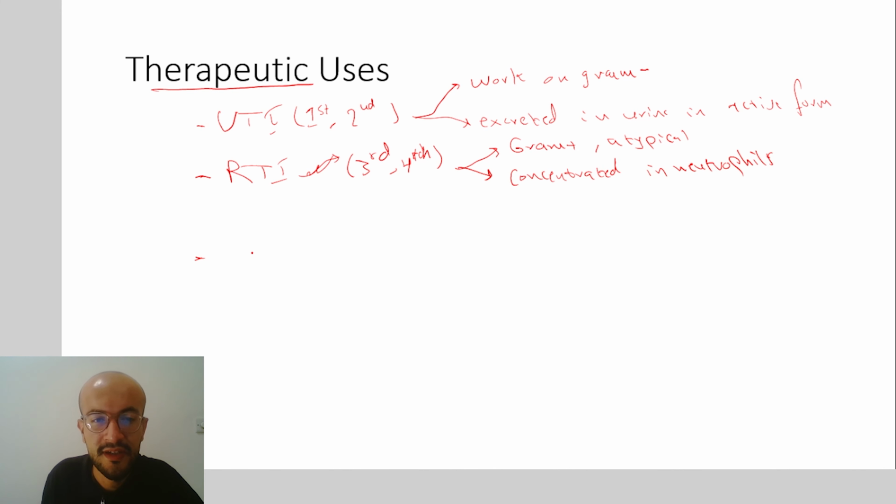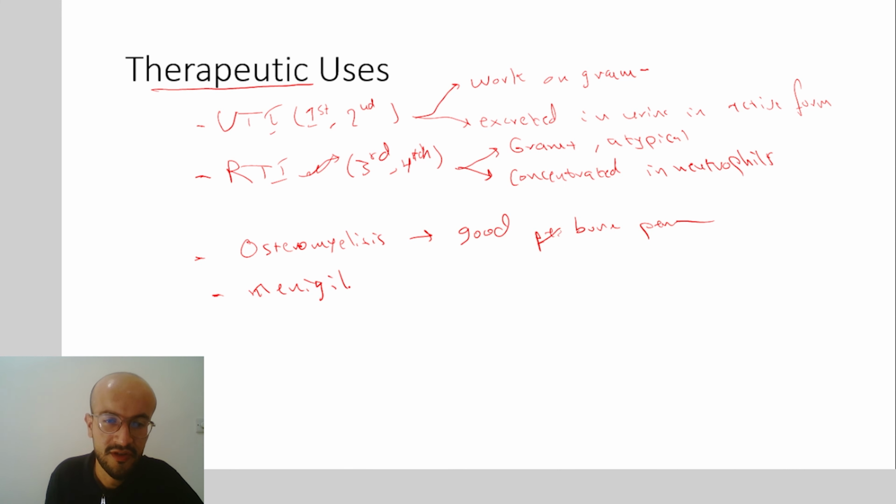They are also good in treating osteomyelitis because of the good penetration to the bone. And they are also good in treating meningitis because of the good penetration to the cerebrospinal fluid.